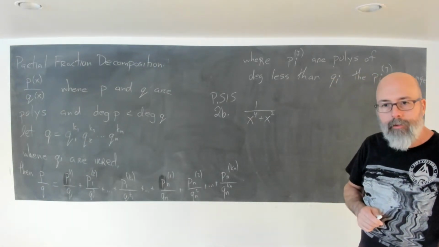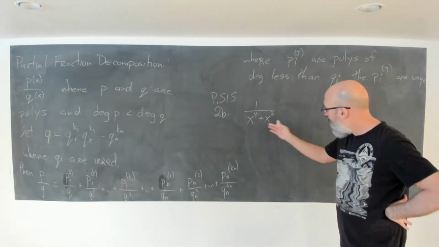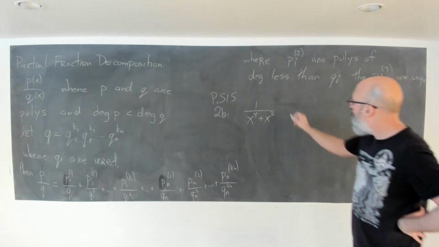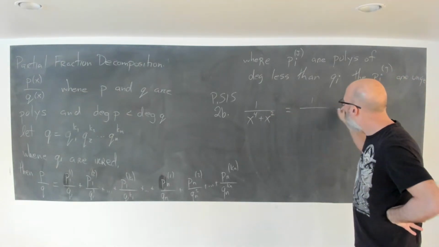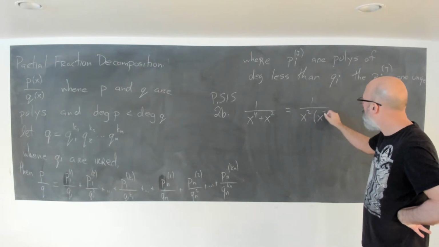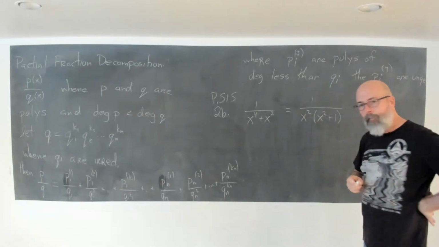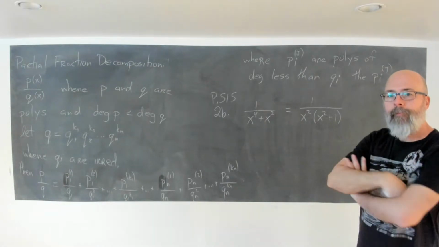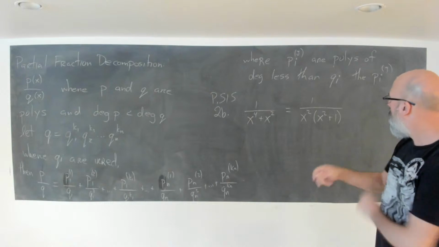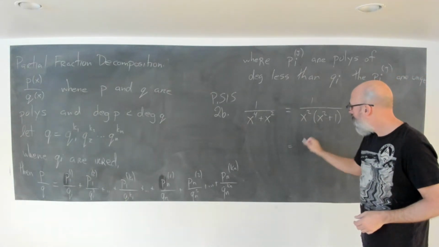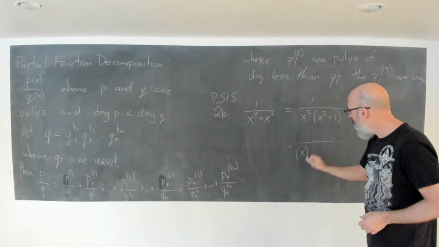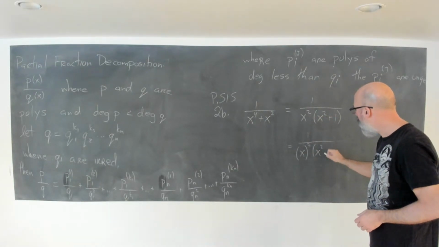How would you do that? Well, it's not obvious how you would tackle this, but if you factor out an x squared, you have this. And if you want, let's rewrite x squared as x all squared.